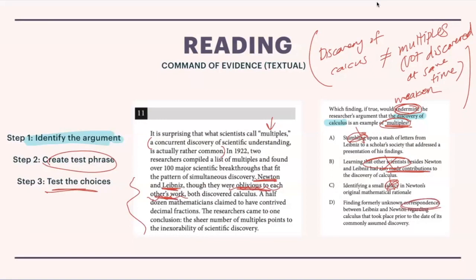So if you found communication between Leibniz and Newton before the supposed discovery date, that implies that they knew of each other's work. So it's not necessarily that they happened to discover it at the same time, but rather maybe they were working together. Then it doesn't become a multiple, because they're just collaborating on one project, right? So that's why D is going to become our best answer.